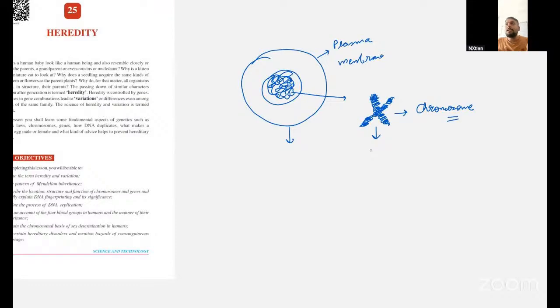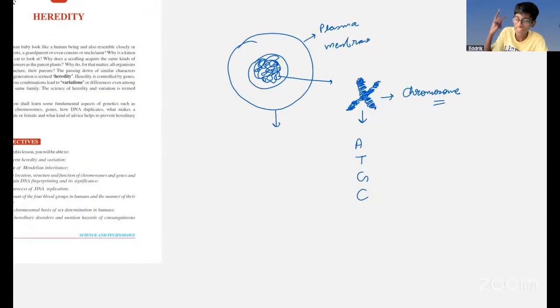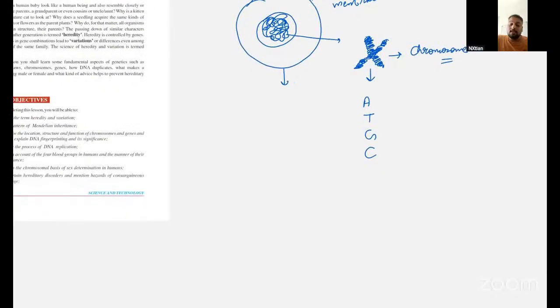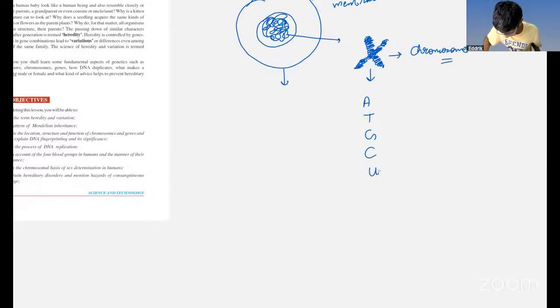They are A, which is adenine, T, which is thymine, G, guanine, and C, cytosine. ATGC. C is cytosine, A is adenine, G is guanine, T is thymine, and U is uracil. So we have all these bases in the DNA.